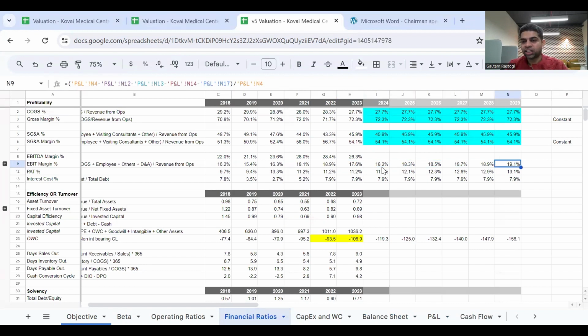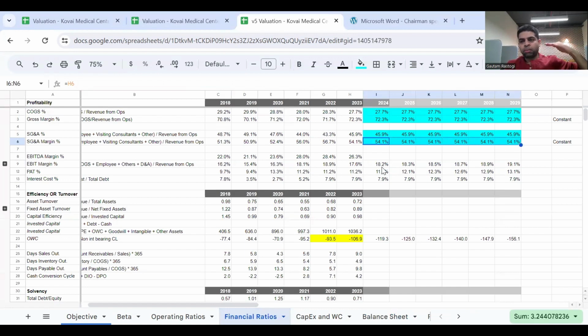The reason is that we've assumed a constant cost profile. If you look at SG&A, it's constant. So your SG&A is the same, but your sales are increasing, so they are getting a lot of operating leverage, which is playing out.